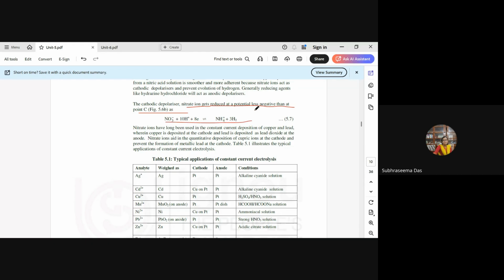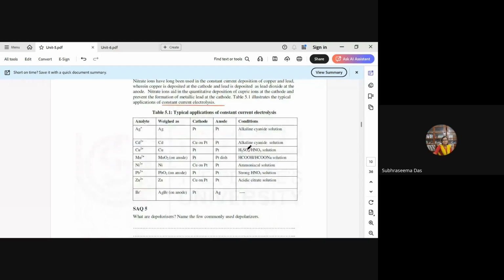Nitrate ions have long been used in the constant current deposition of copper and lead, wherein copper is deposited at the cathode and lead is deposited as lead oxide at the anode. Here in table 5.1, the typical applications of constant current electrolysis are shown.